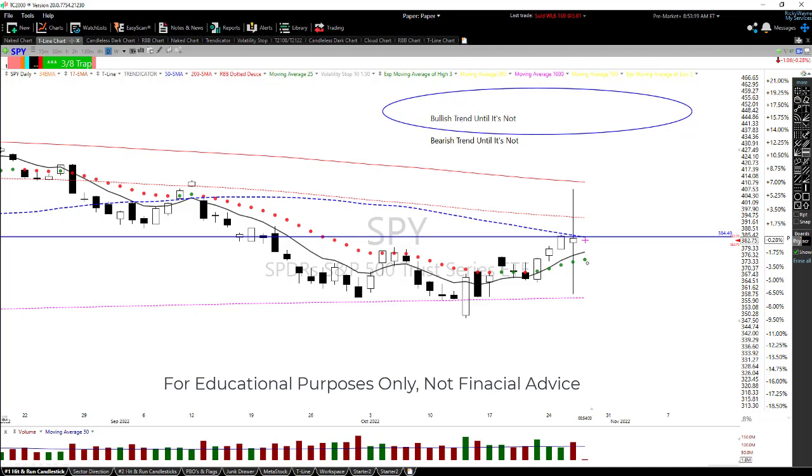Because I use the T-line and the Trendicator right here, one could go to the T-line or to the Trendicator, whatever you feel like. I'm going to split the difference because I use them both. Very simple analysis, extremely simple. Price moves and remains above the 50-period moving average, we are bullish.